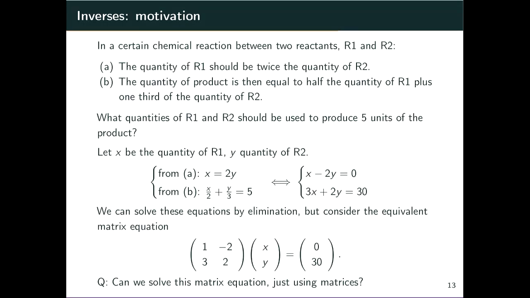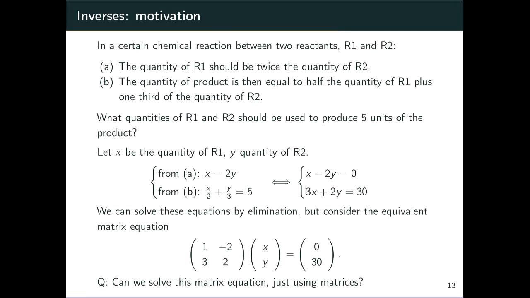You can solve these equations by elimination, so substitute maybe x equals 2y into this equation. But when you're working with computers, working with matrices and doing row reductions is easier. I'm sure most of you have seen that before, but if not, don't worry about it. We don't need to cover that in this course.